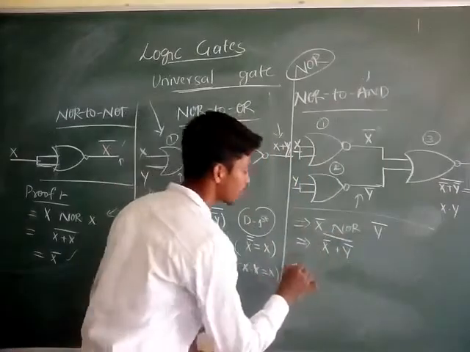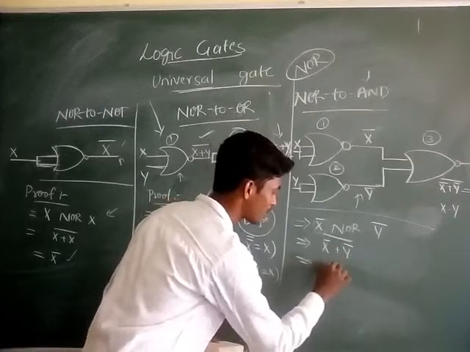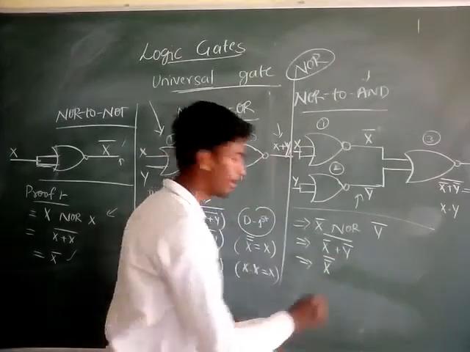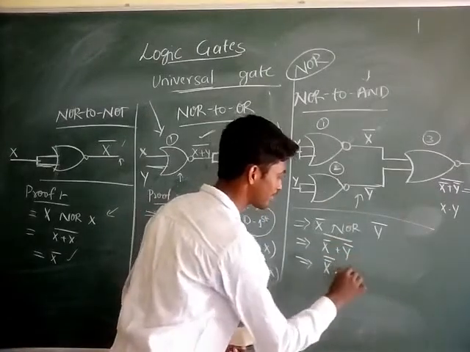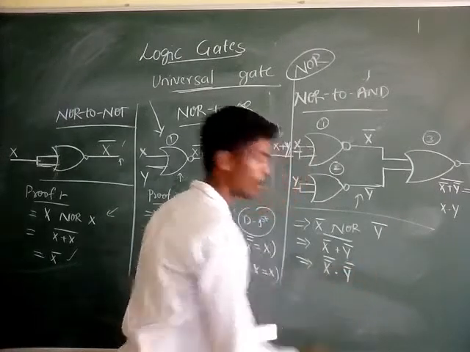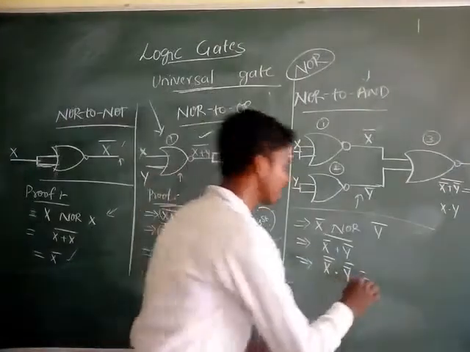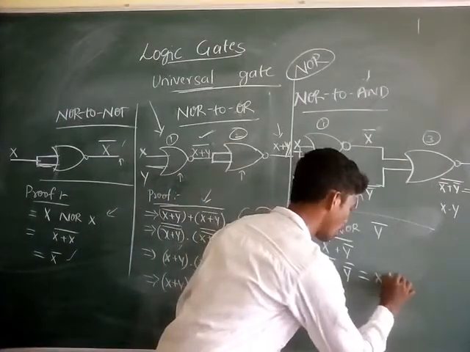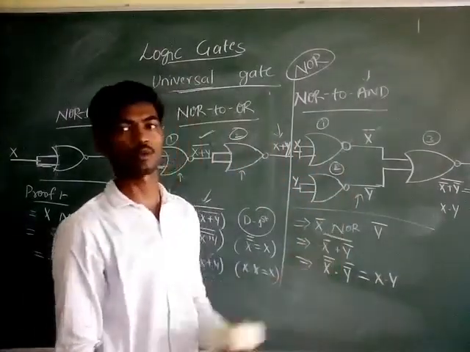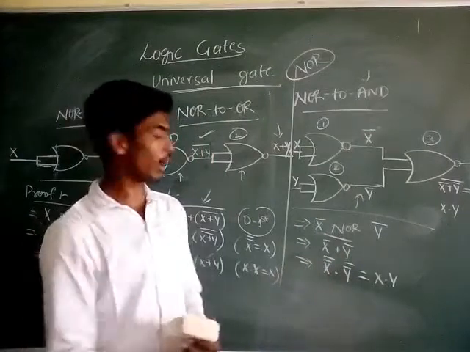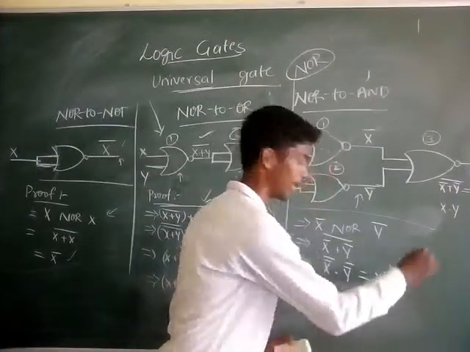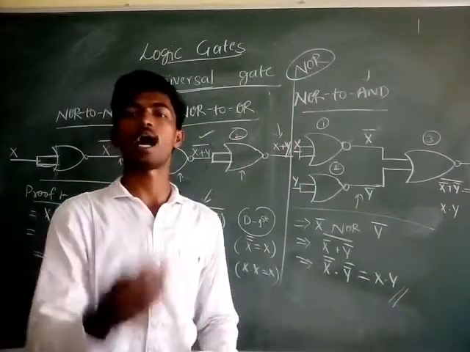Using De Morgan's first law, I am writing this as X complement whole complement into Y complement whole complement. In this format, X complement whole complement will give you X, and Y complement whole complement will give you Y, which is the required final result for the AND gate.